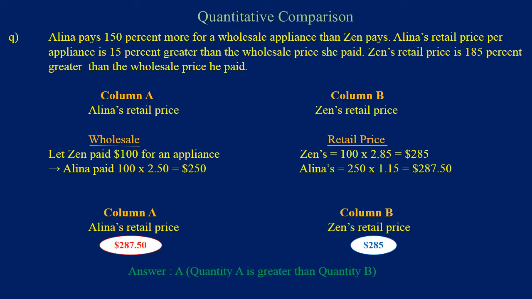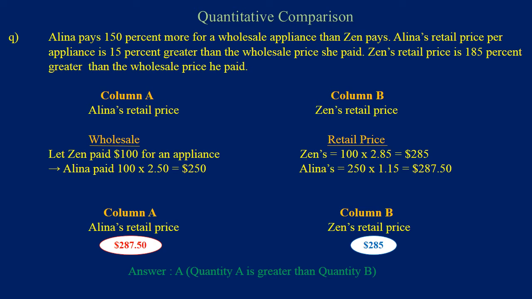Now for the wholesale price, let's say Zen paid $100 for an appliance, right? Just keep your standard price and set it at $100 so that your calculations become very easy.